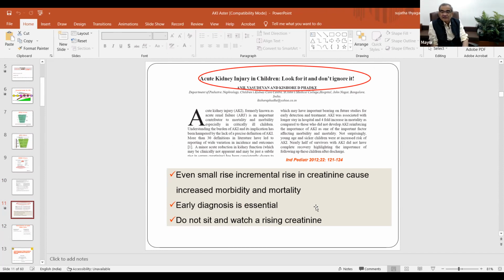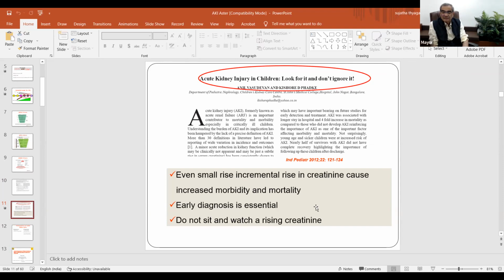So many years ago, I had written an article. This is almost 10 years ago, but even today it holds true that we are missing a lot of acute kidney injury. So we must keep looking for it and not ignore it. We'll discuss this further, because even a small incremental rise in creatinine causes increased morbidity and mortality.